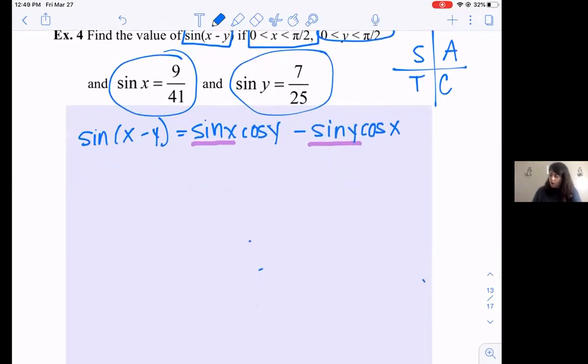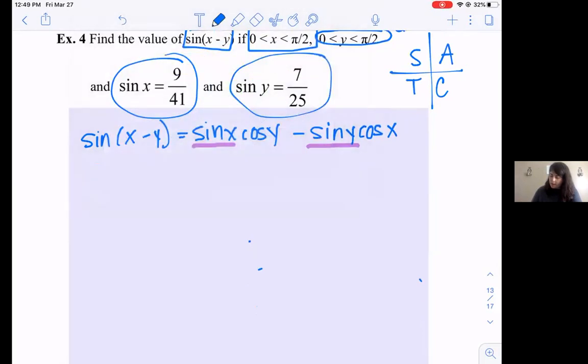Okay, so I'm going to draw angle x. Okay, and that's x. And sine is opposite over hypotenuse. So from our angle x, my opposite side is 9, and my hypotenuse is 41.